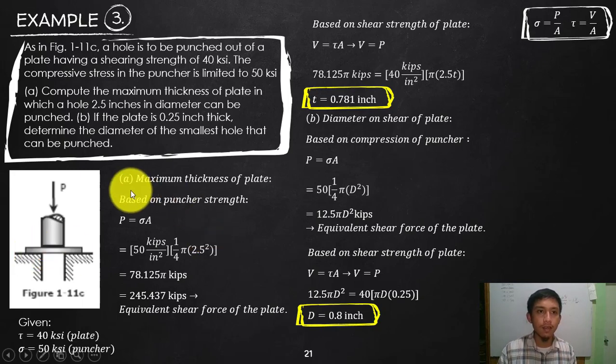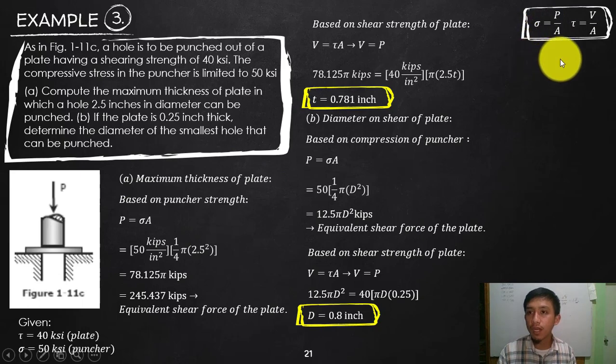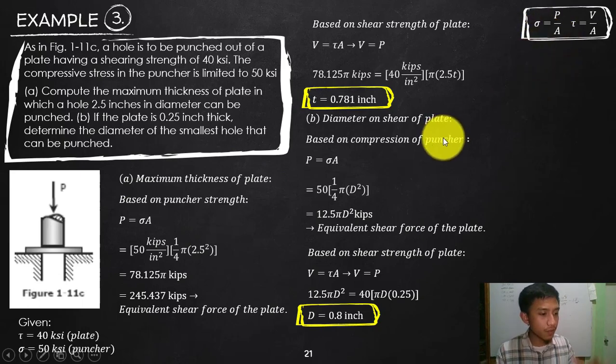Okay, and that is your combination of normal and shear stress. So again, to differentiate shear and normal stresses, you need to understand how the area will resist. Will the area perpendicular be the one to resist the force? That is normal.